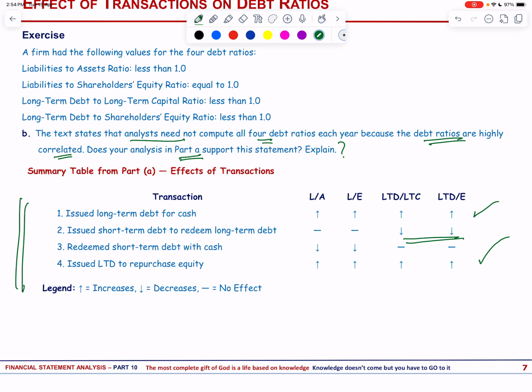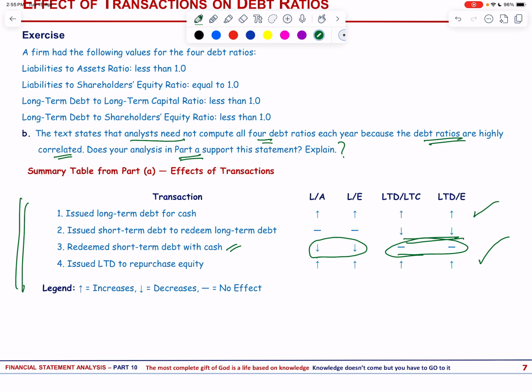Against this, if you look at transaction number 3, when they are redeeming the short term debt with cash, the liabilities to assets and the liabilities to equity have decreased, but the long term debt based ratios remained unchanged. So what we can conclude is that the liabilities to assets and liability to equity are going to move together consistently when it goes up or down.